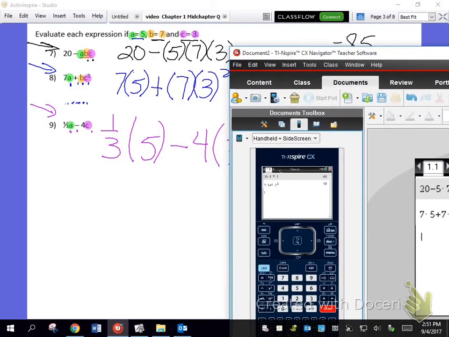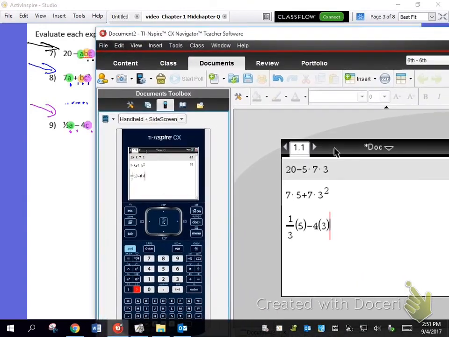So I'm going to make that fraction first. Control divide makes that fraction 1/3. Arrow over. So you've got 1/3. You can see it. And then that cursor's all the way down. Parentheses 5, close parentheses, minus 4 parentheses, and then it was a 3, close parentheses. Now, you can see that it looks just like the problem.